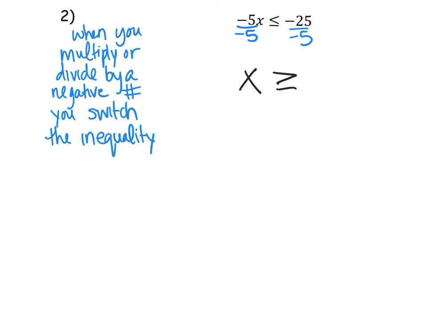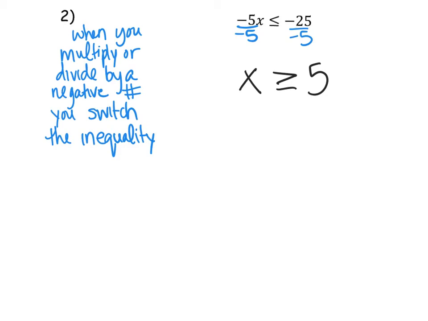Because I divided by a negative number, I divided by -5, now it becomes a greater than symbol. Why? Because if I divide by a negative, it's completely going to change my answer, whether my answer is positive or negative, and that means that on my number line, my answers are going to be in the opposite direction, on the opposite side of 0.